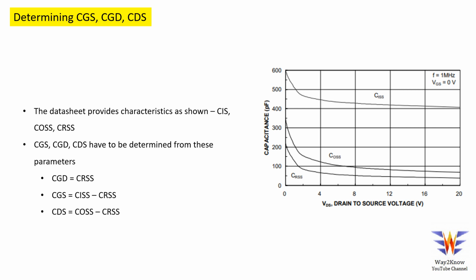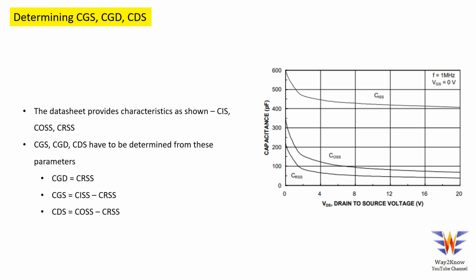They are given as the variation of capacitance with VDS, and the capacitances are given on the input and output side, along with the on resistance. So CISS, COSS, CRSS are the characteristics which are provided.